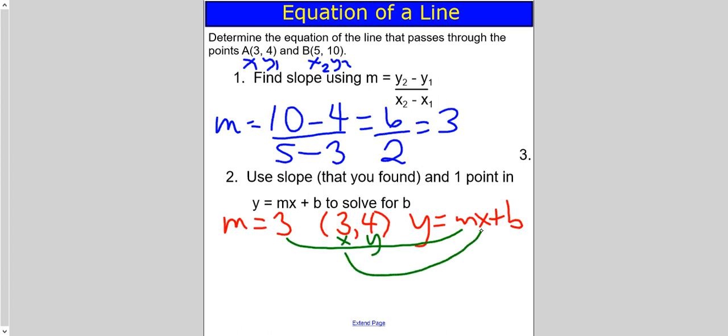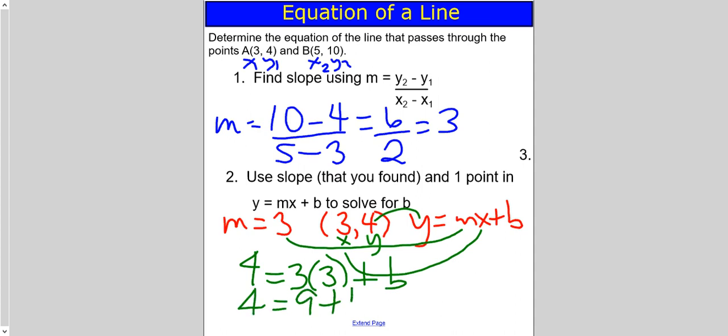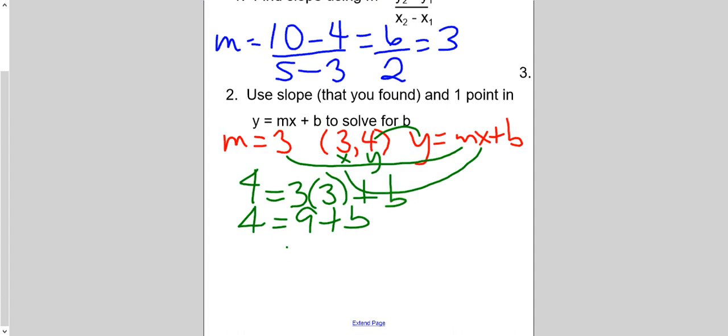So x is going to go here and y is going to go there. And I get 4 equals m, which is 3, x, which is 3, plus b. So 4 equals 9 plus b. We're going to subtract 9 from each side, and we get -5 equals b.